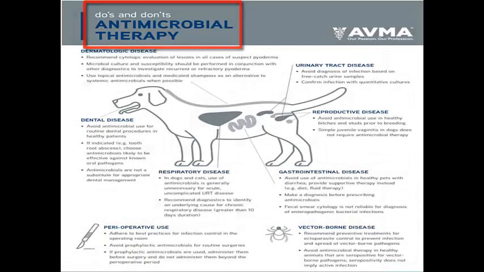For the case of urinary tract disease, they recommend to avoid diagnosing infection based on a free catch of urine samples and to always confirm infection with quantitative cultures, as we will see later.